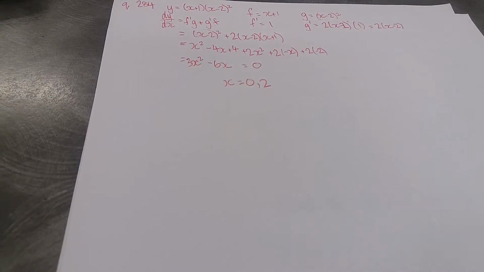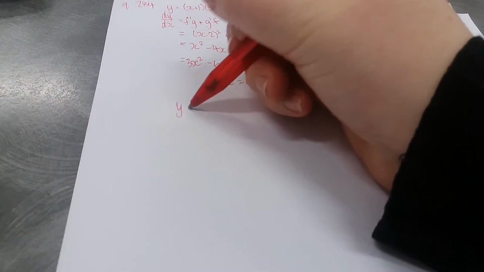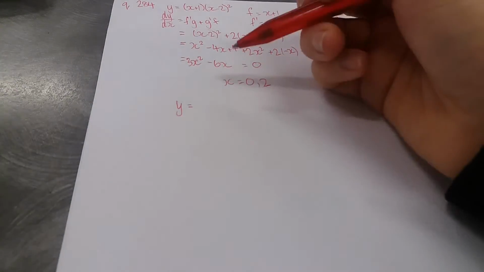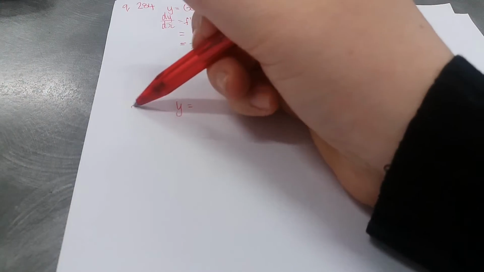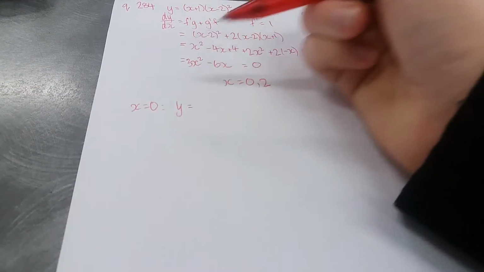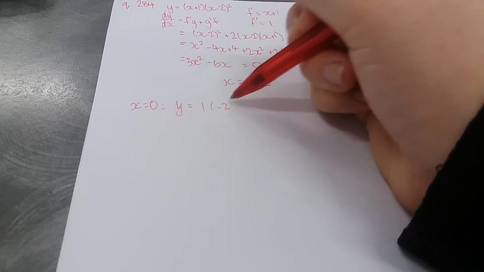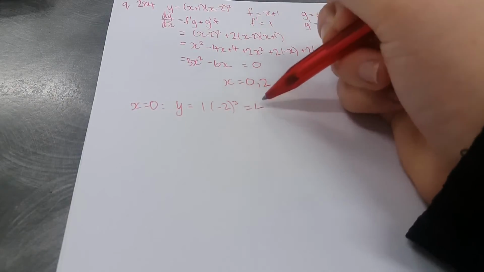Now we work out our y, and if we use the original y, it's going to be the easiest. So when x equals 0, y equals 1 times negative 2 squared, which is 4.